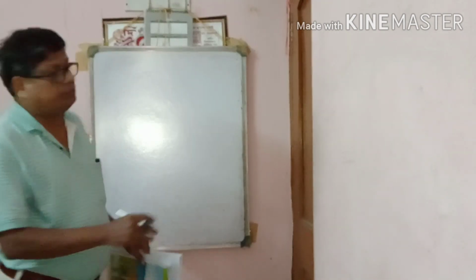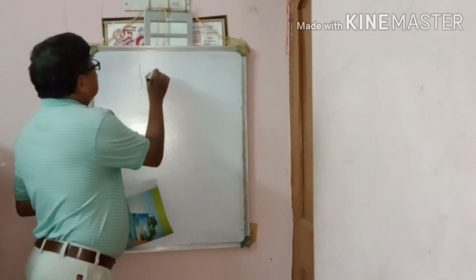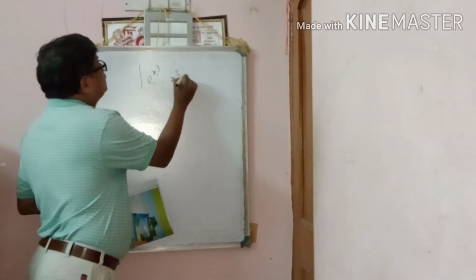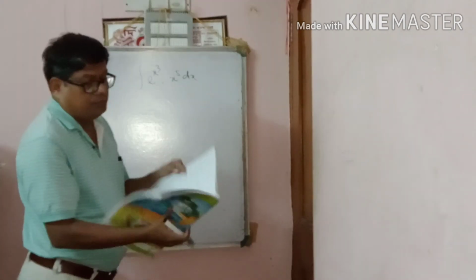Suppose e to the power x cube into x to the 5 dx, this sum.